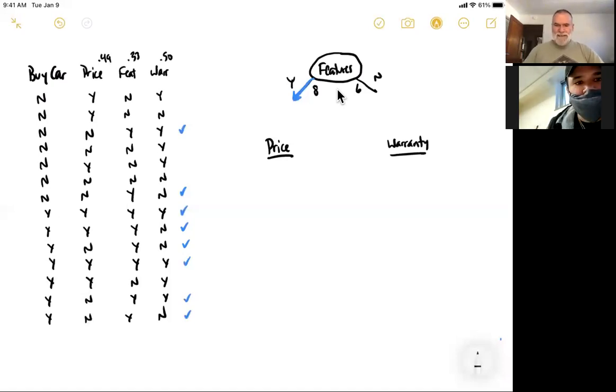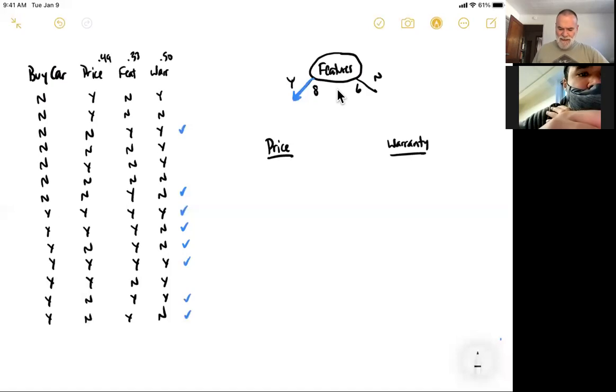Okay, now let's take a look at the yeses and the no's here. So let's calculate the price Gini score, but we're only going to consider the rows that currently have that blue check mark on them, because those are the ones where features are currently yes. So everything else we're just going to hide.